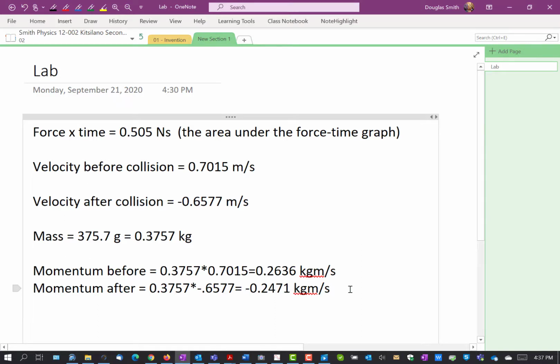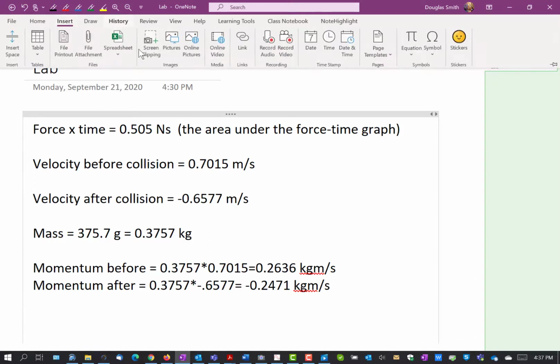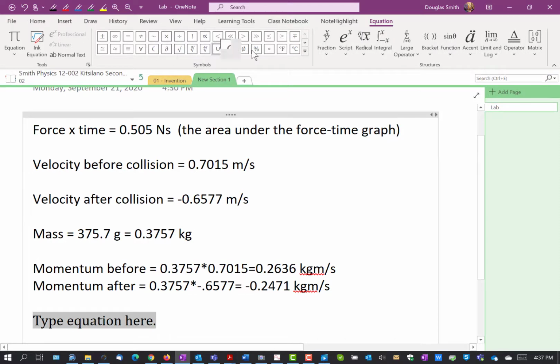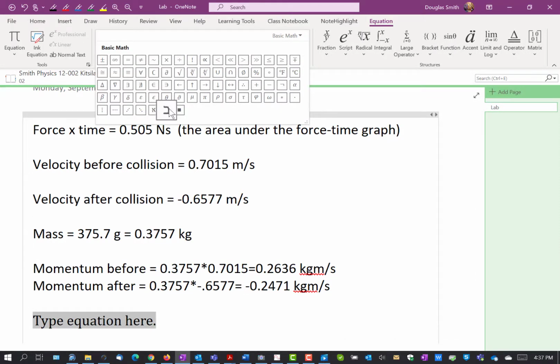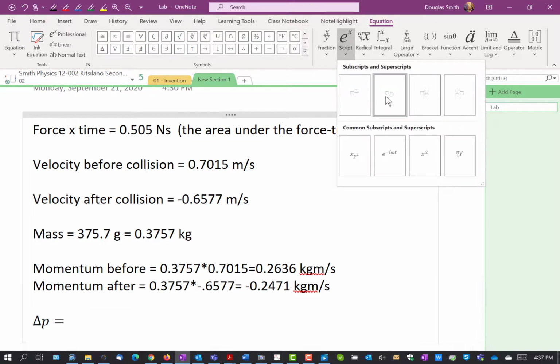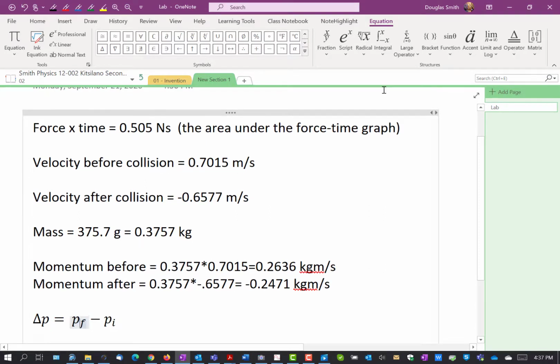What happens if we go change in momentum? So delta p. Maybe I'll just use the equation editor. There we go. Delta p equals p final minus p initial.